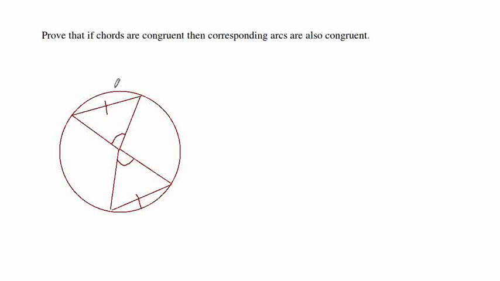Now, I'd like to do one more. This is your last chance to try to do a proof on your own without my help. If a diameter is perpendicular to a chord, it'll turn out that the diameter bisects the chord. So let's see if we can prove that.